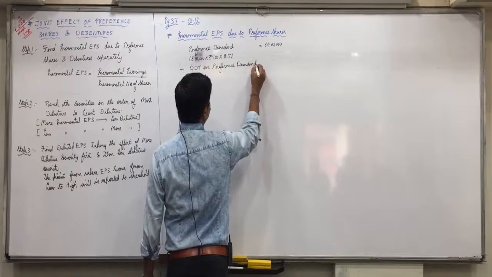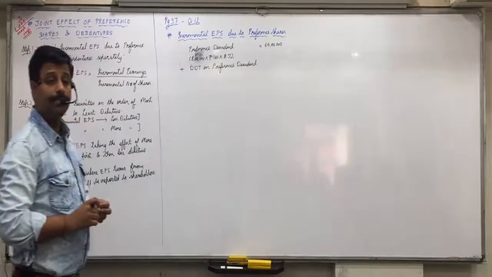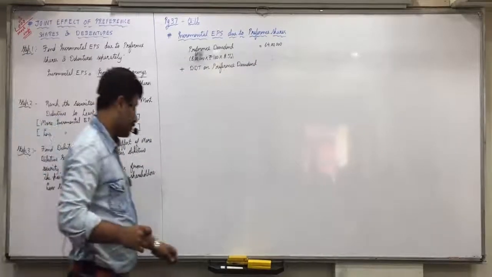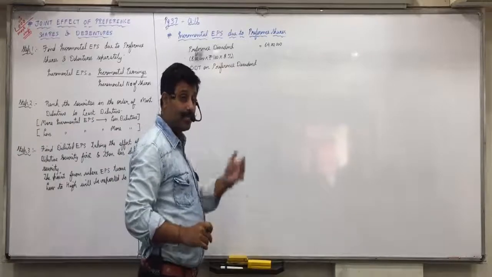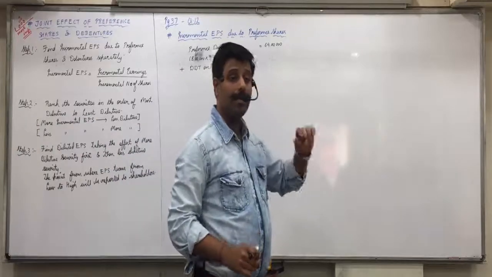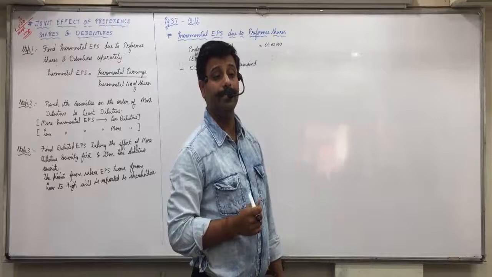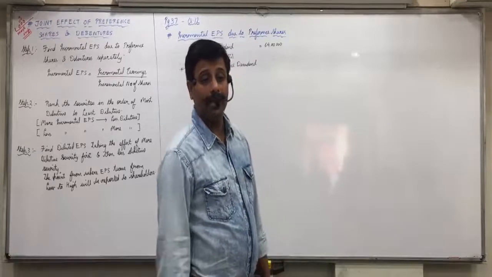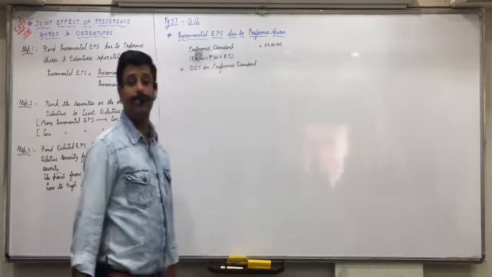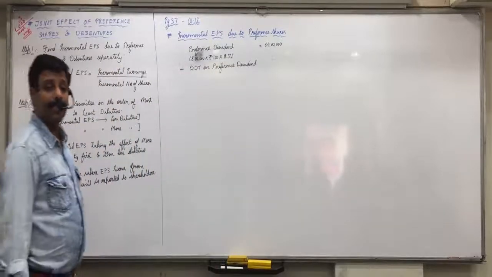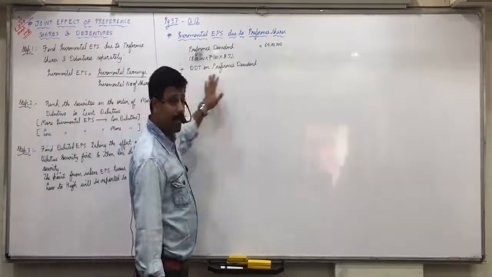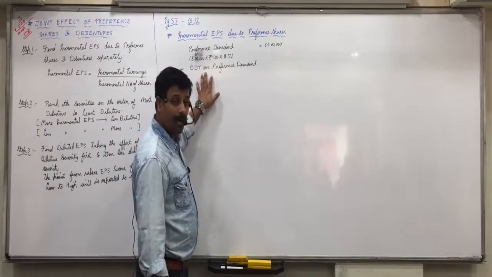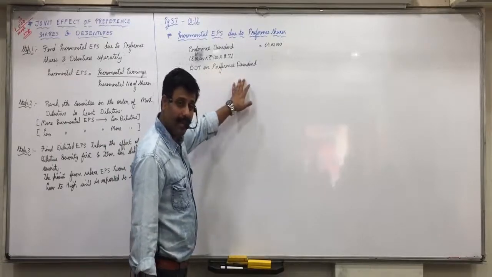Himalaya, how will you count this? 8 lakhs into. Come on. Shalini? 64 lakh into 20.5. DDT is counted and it's written DDT on preference dividend.